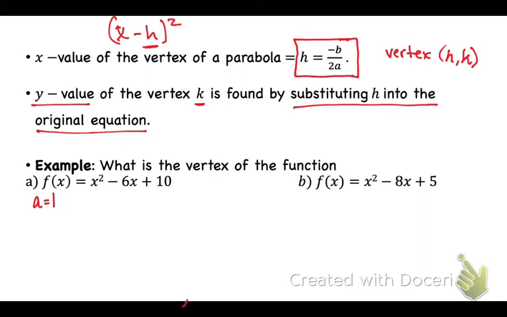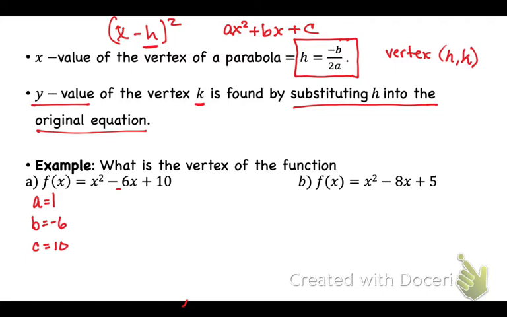What is b? ax squared plus bx plus c. What is b? Negative 6. And what is c? 10.